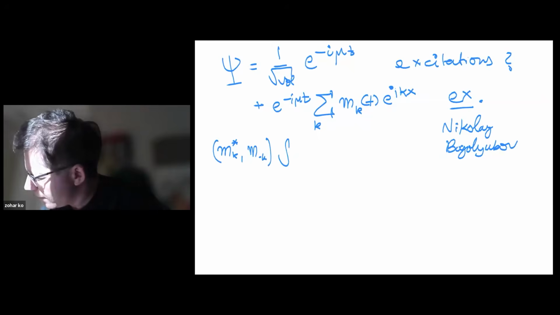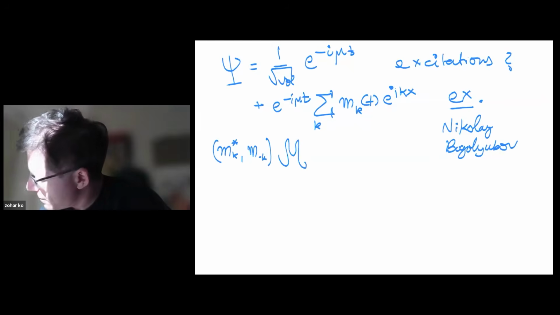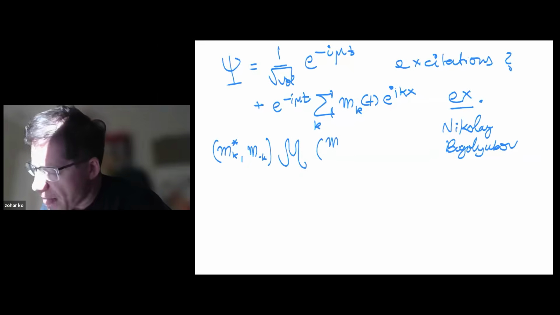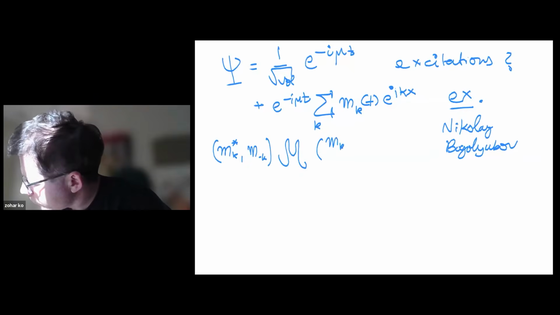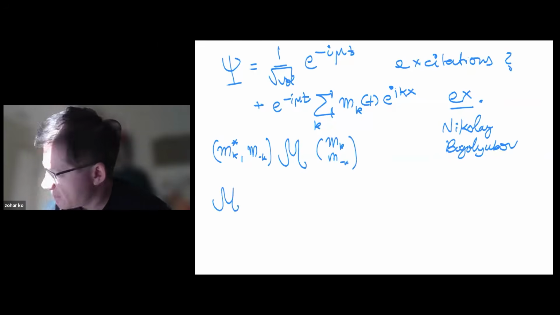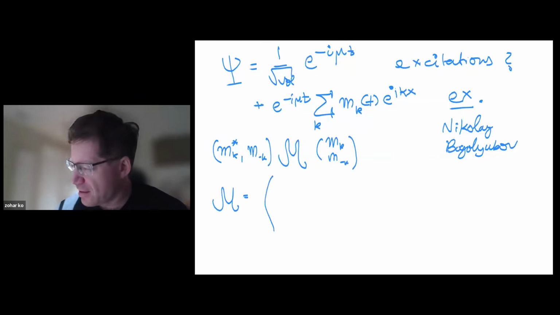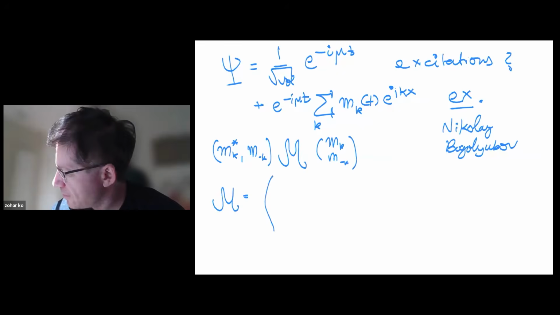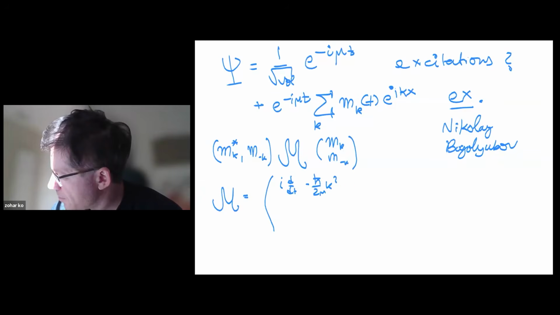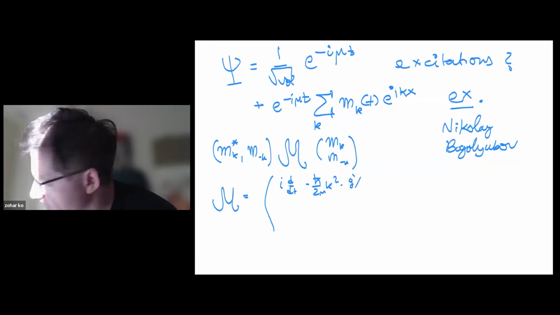So we find some quadratic action with some matrix capital M, curly M. And the matrix curly M, I'll just write the first two entries. It's i d by dt minus h bar over 2m k squared minus g prime over volume.